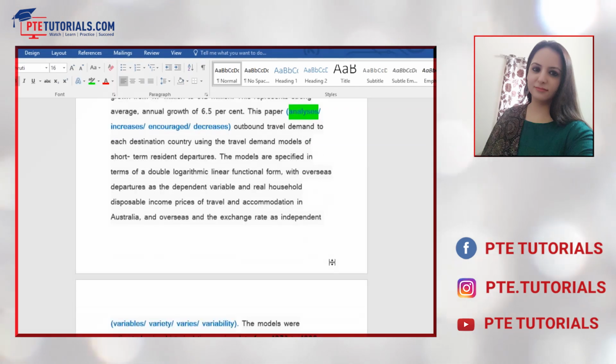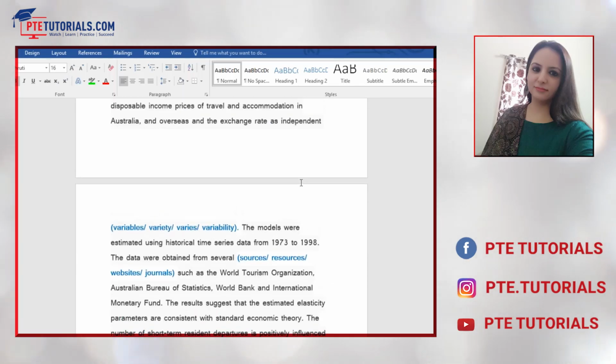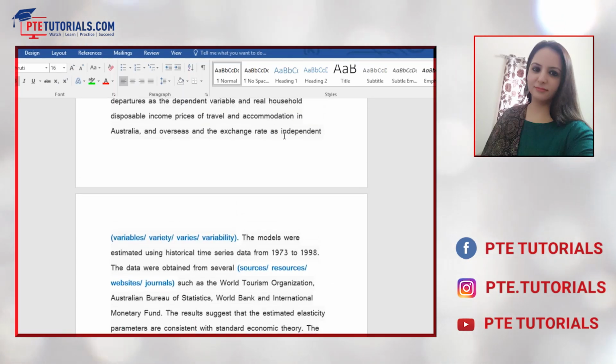Then next, it's very easy. You all can select it. And overseas and the exchange rate as independent dash. Independent is an adjective.